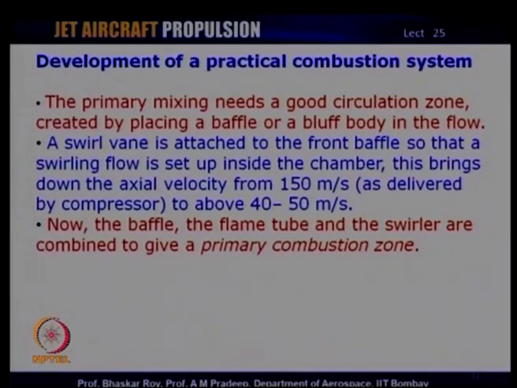The swirling vane is attached to the front baffle, so that swirling flow is set up. You have to create that swirling flow under all operating conditions of the engine, and that brings down the actual velocity from 150, which is what is delivered from the compressor, to about 40 to 50 meters per second, and this is what we discussed a little in the last lecture also.